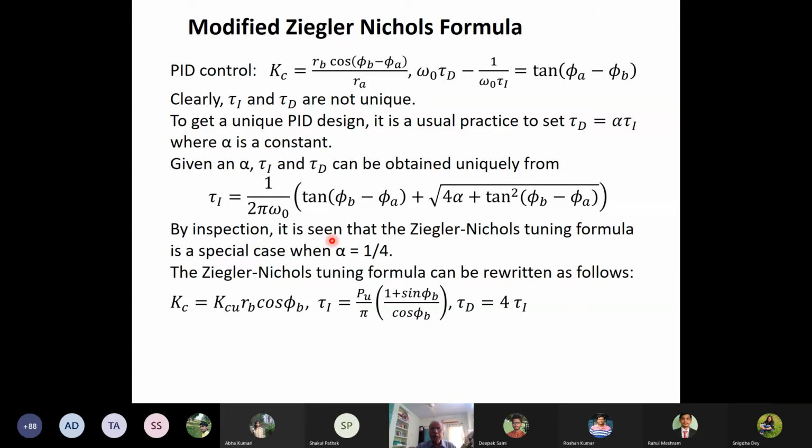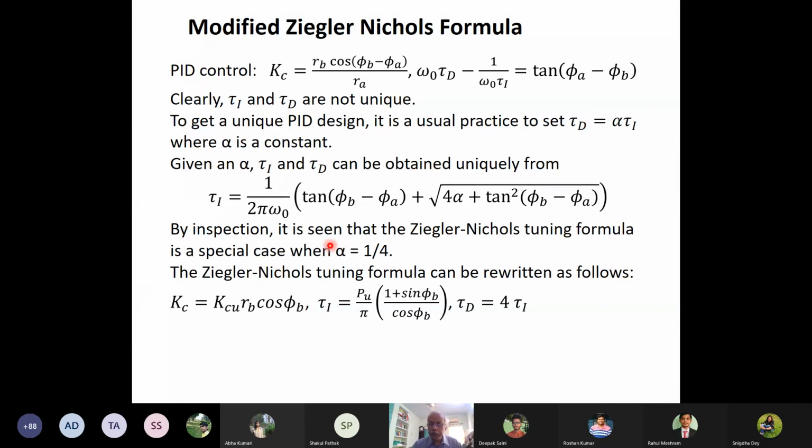This Ziegler-Nichols tuning formula is called the modified Ziegler-Nichols tuning formula, because the values here are quite different from those given by Ziegler-Nichols in their tuning formula.